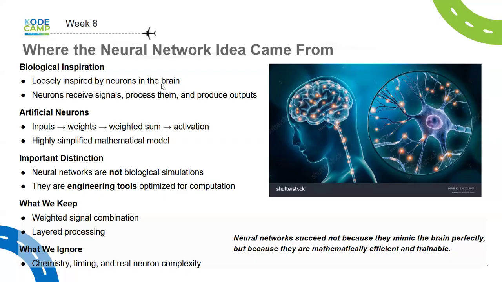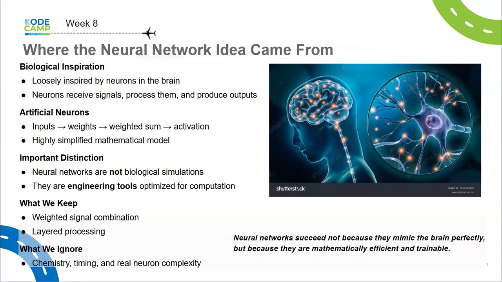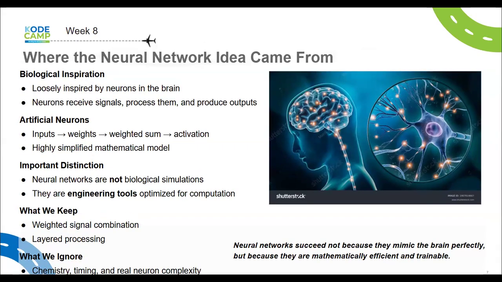So the question now is, where did this whole idea of neural networks come from? How did the researchers and the pioneers in machine learning come up with this idea? They studied the human brain, the biological brain. And the idea just came from the neurons in the brain.